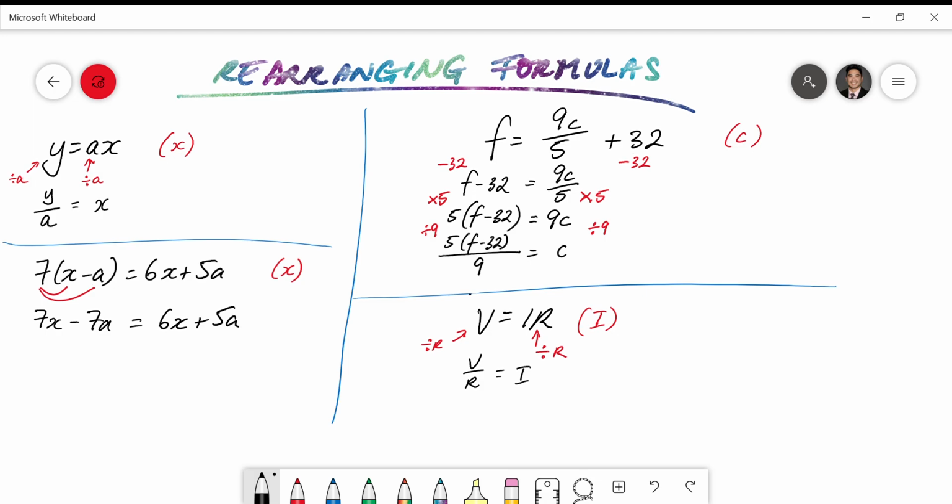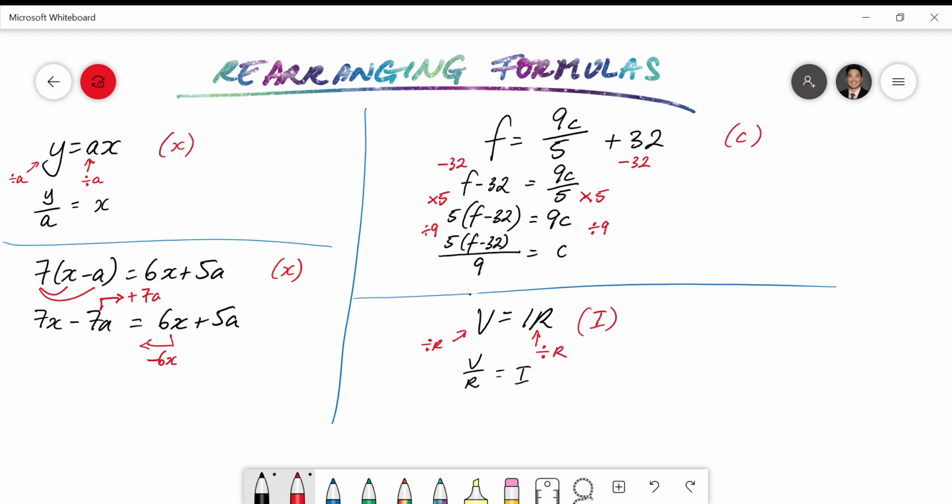We've got two different variables on both sides of the equation, and what I'd like to do is move like terms to one side. So I'm going to move the 6x across to the left by subtracting 6x, and I want to move the minus 7a to the right by adding 7a to both sides.